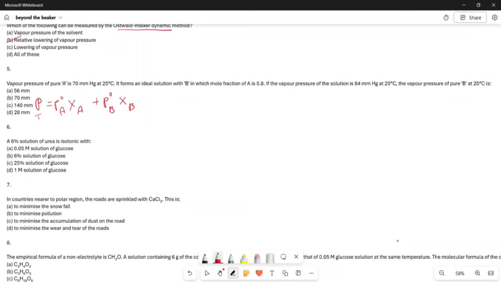So we have to substitute all the values here. The total vapor pressure is given as 84.